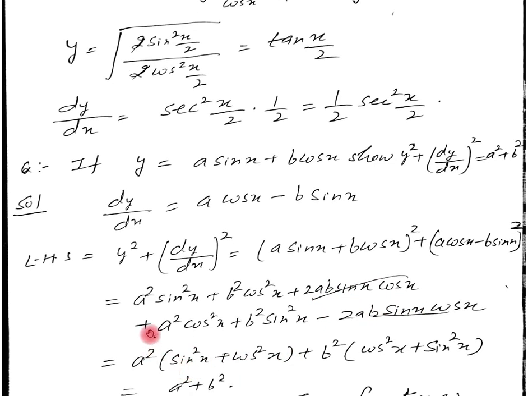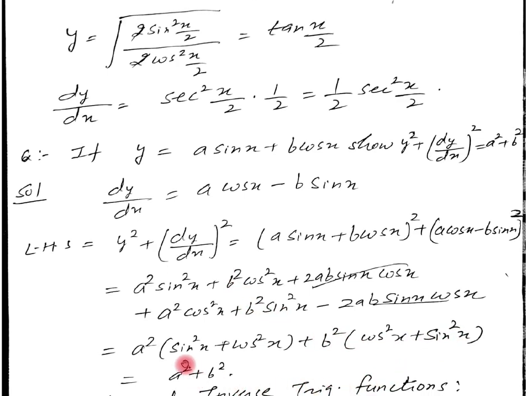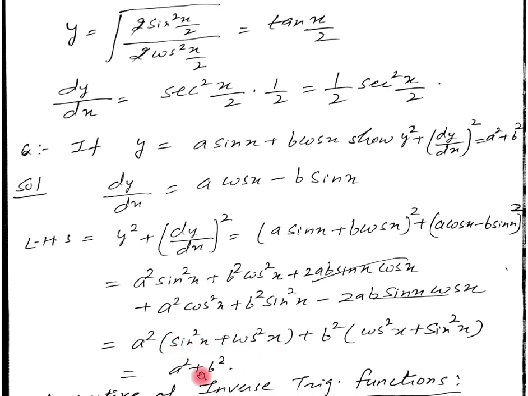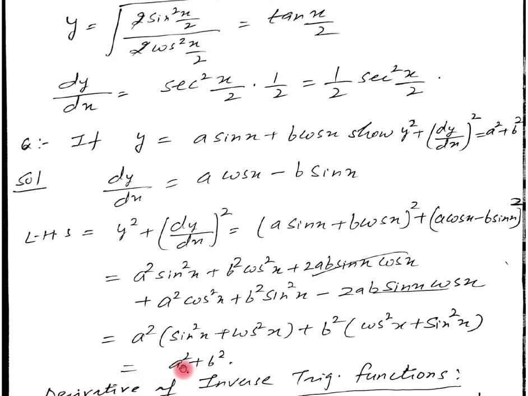Therefore, we are left with, taking a square common, sin square x plus cos square x, then b square common, again cos square x plus sin square x. As we know, sin square x plus cos square x is 1. So therefore it is equal to a square plus b square, equal to our right hand side. Hence proved.